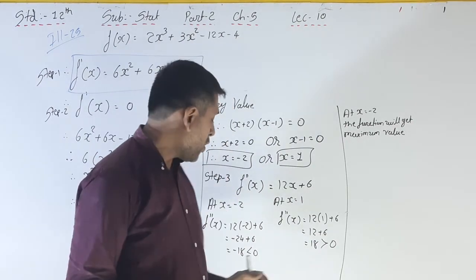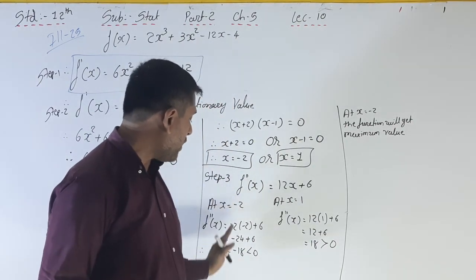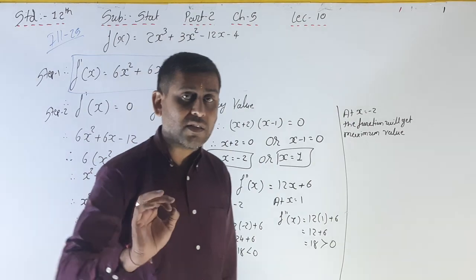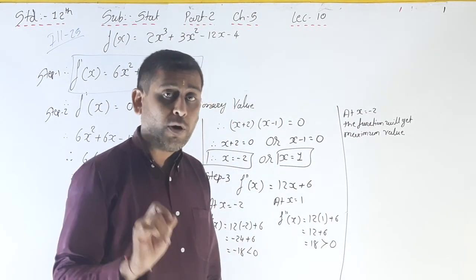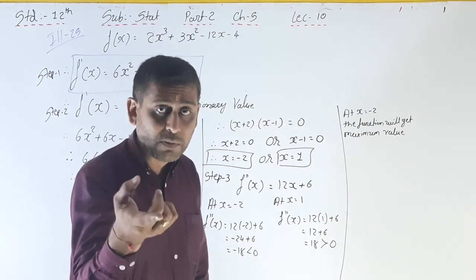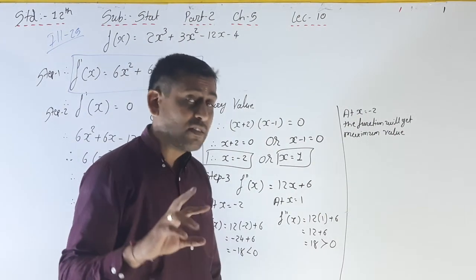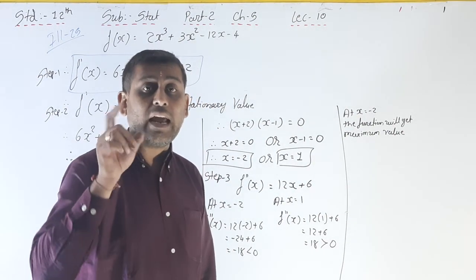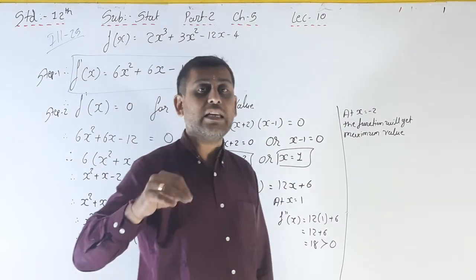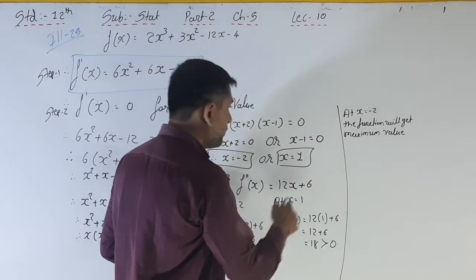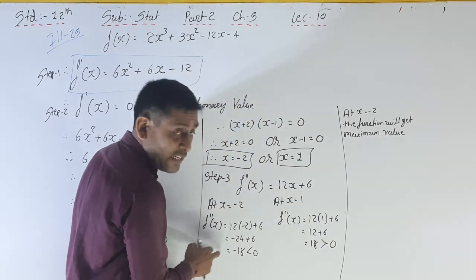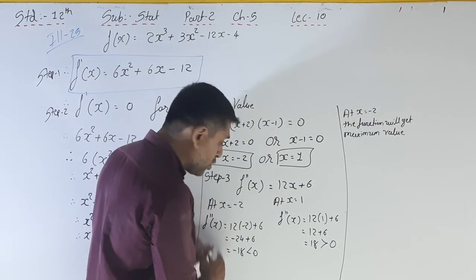See here, the opposite relationship is here. Whenever the answer after putting the value is negative, that is less than 0, then at that point the function is maximum, and whenever the answer is positive, then at that point the function is minimum. Therefore we have to write these here compulsorily. Please write down these under these only.